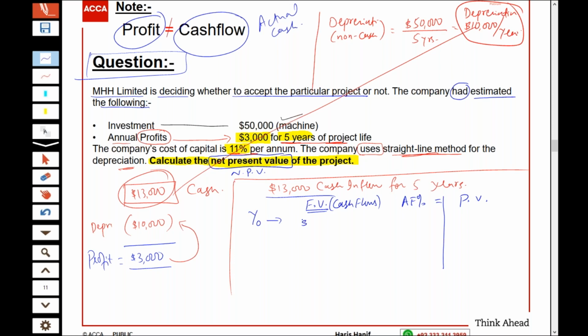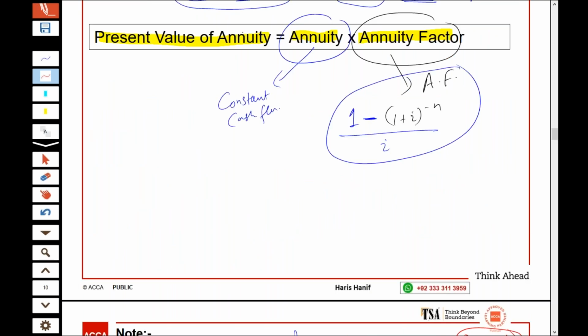Year 0, that means 50,000 investment. The factor is always 1 because it is now, so that will be minus 50,000. And from year 1 till year 5, my cash flow is constant. As I have mentioned here, the annuity is multiplied by the annuity factor.